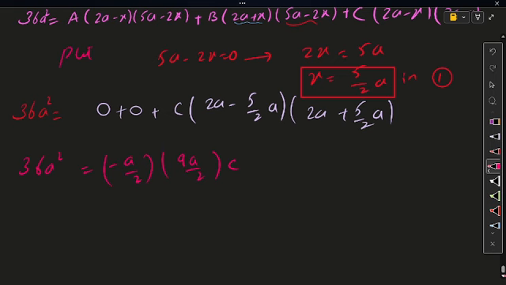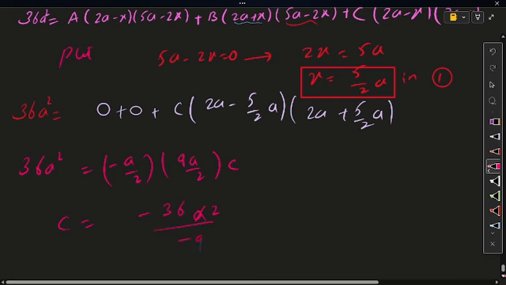Now you need to find the c only, so that would become c is equals to minus 36 times 2 over, minus 9, sorry, positive 9 I meant.